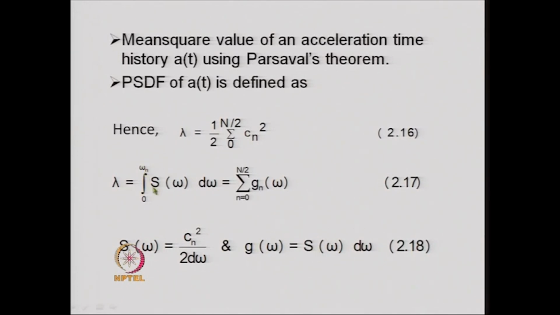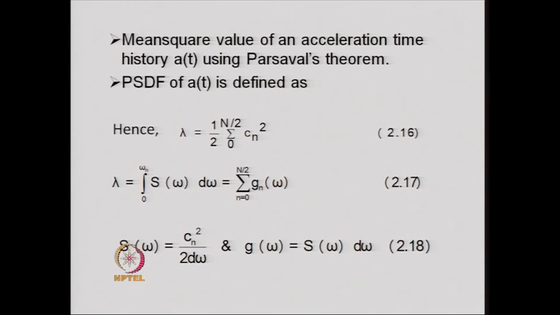In other words, if we take S(omega) d omega together, then we can convert this integration into a summation, and in that case Gn(omega) is equated to S(omega) d omega. Now with this definition one can find out S(omega) is equal to Cn square divided by 2 d omega.